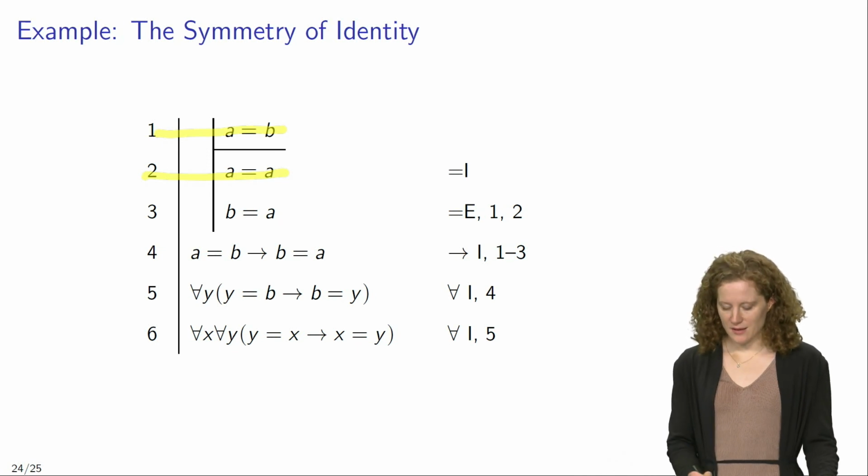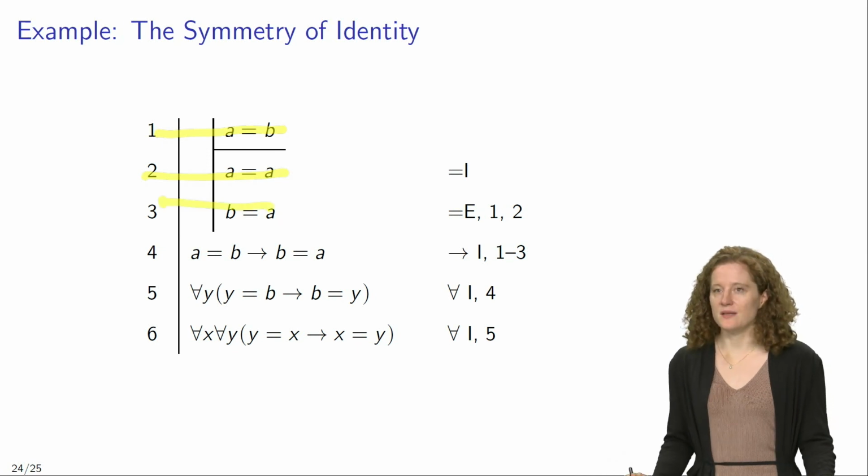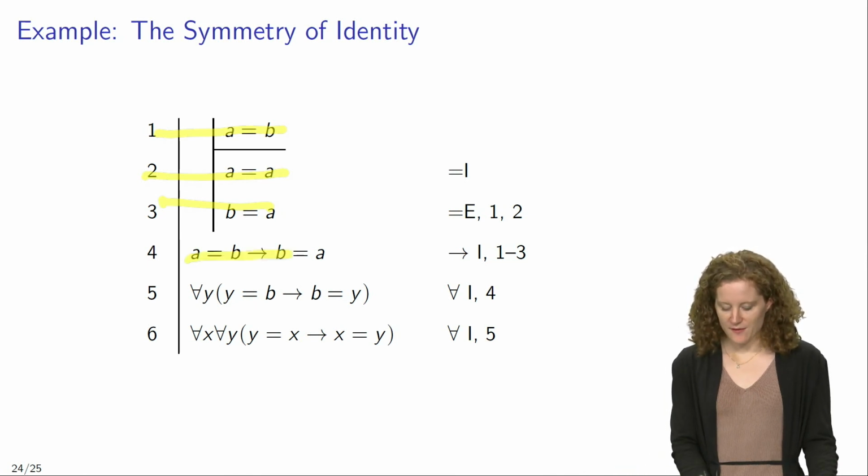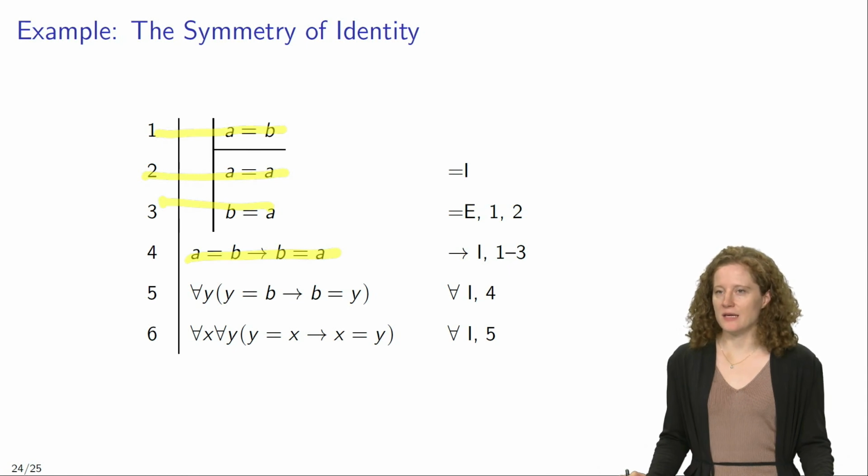In line 3, we can then infer that B equals A and justify this inference by means of identity elimination applied to lines 1 and 2. In line 4, we can then infer that if A equals B then B equals A, and justify this inference by means of conditional introduction applied to lines 1 to 3.